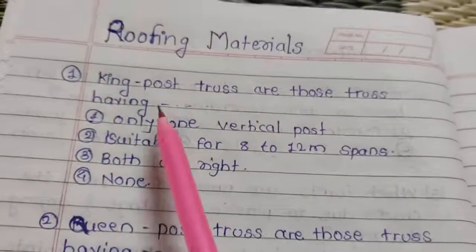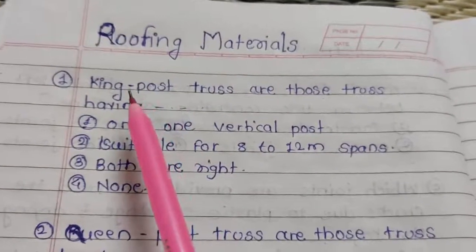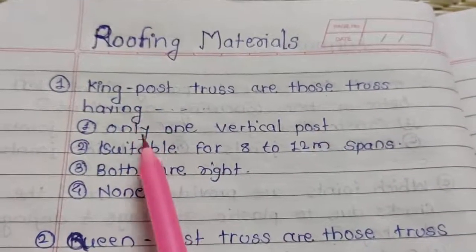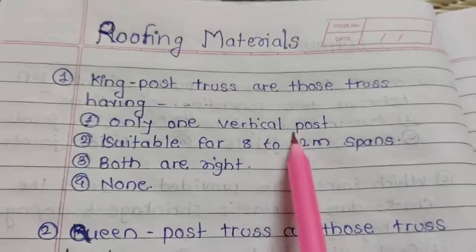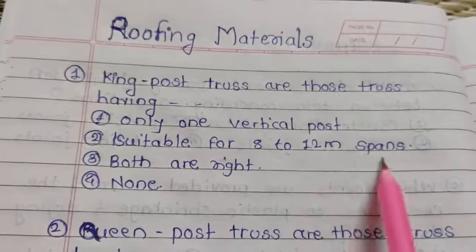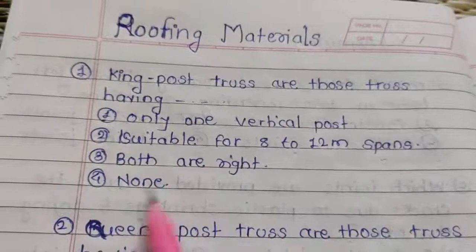Now, roofing materials. King post truss are those truss having only one vertical post, suitable for 8 to 12 meter spans. Both are right, none.